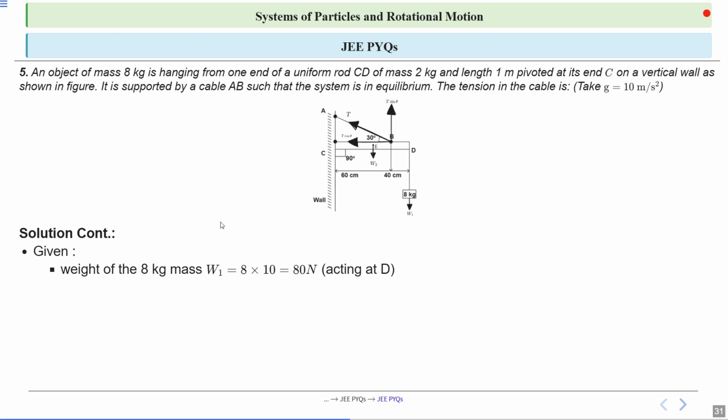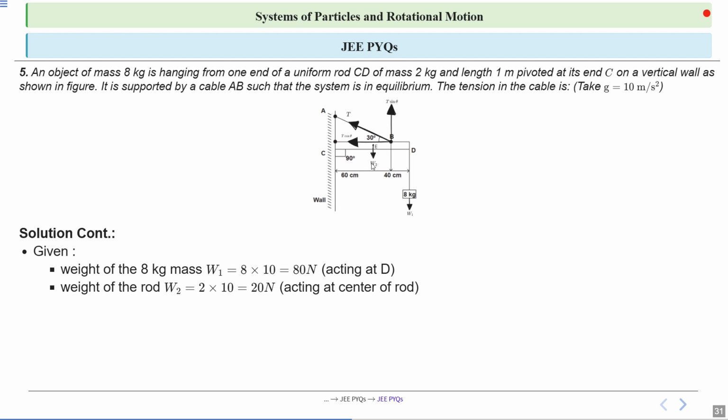So the weight of the 8 kg mass, W1, is equal to 8 into 10, that is equal to 80 Newton, and that is acting at D. Weight W1 at D. And weight of rod W2 is equal to 2 into 10, that is equal to 20 Newton, acting at the center of the rod.